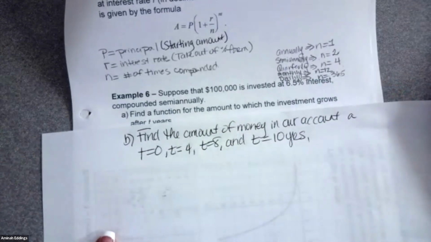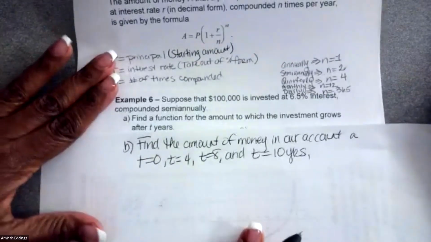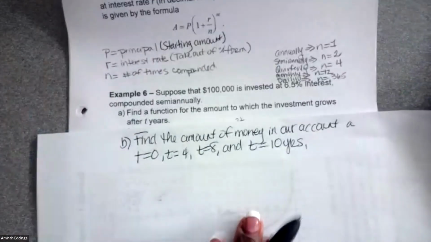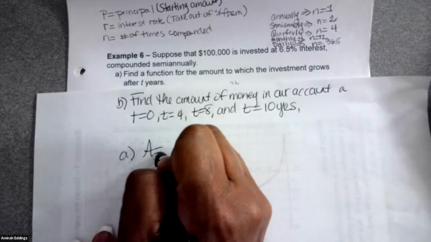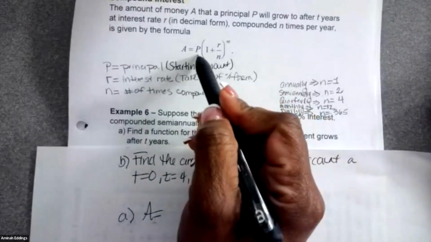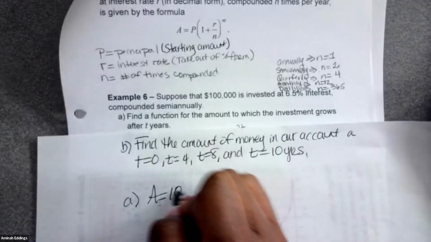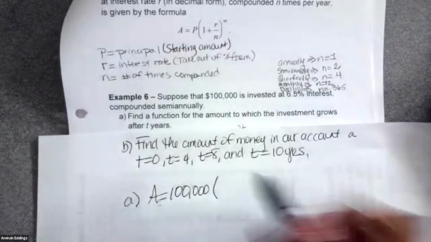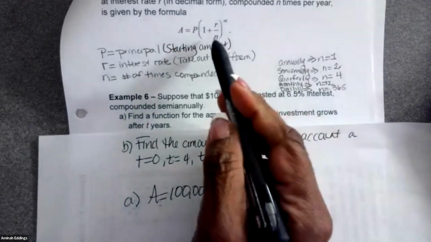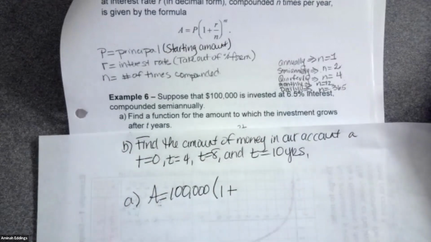All right, so let's do it. So here's our formula, and we're simply gonna plug into it. So for part A, our A is going to equal P. So in this case, our P is our principal, which is 100,000, times 1 plus R. So in this case, my R, my interest rate is 6.5%.